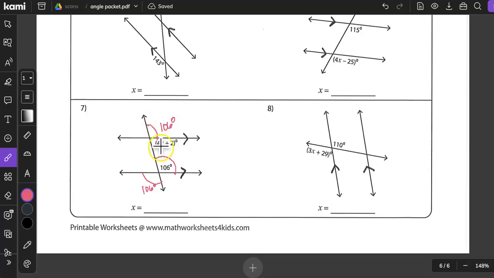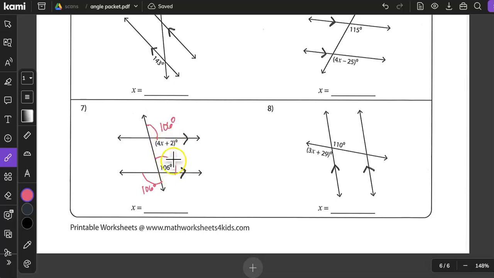And now these two are in a special relationship because they are a linear pair, making a straight line. So I can say this linear pair has to add up to 180 degrees.